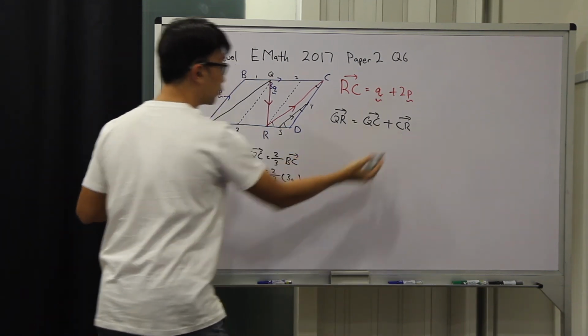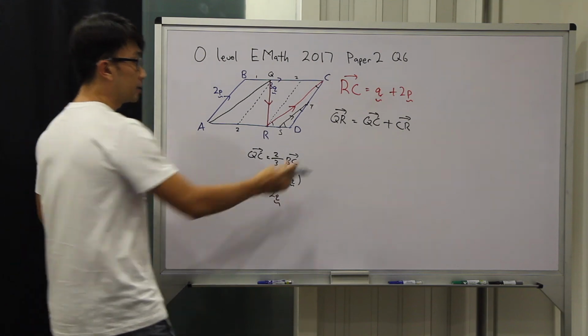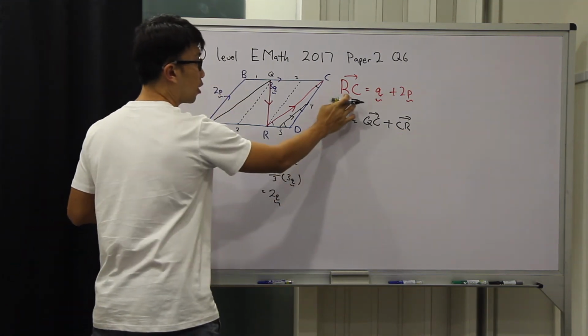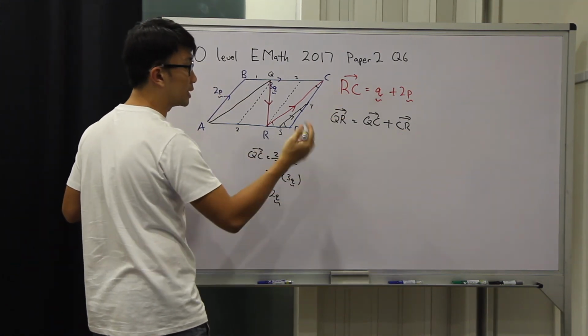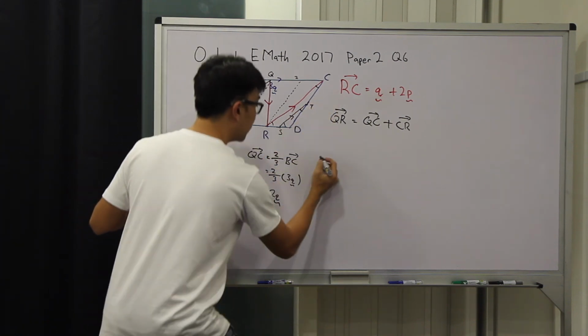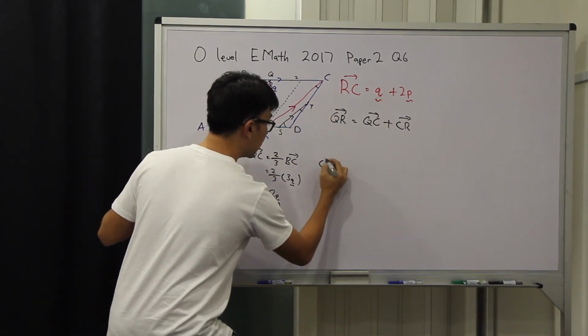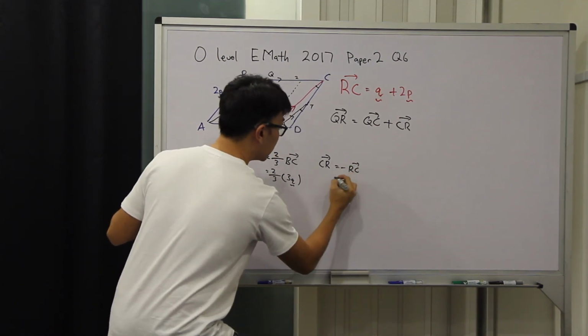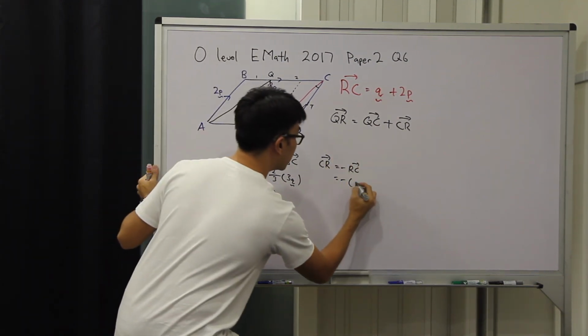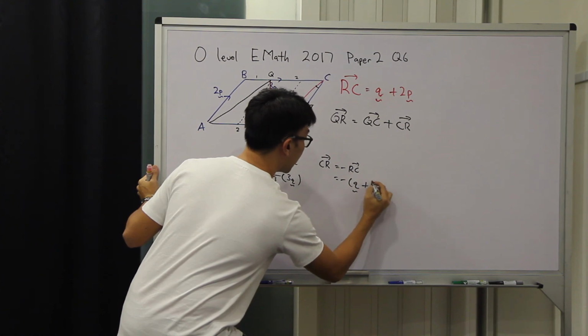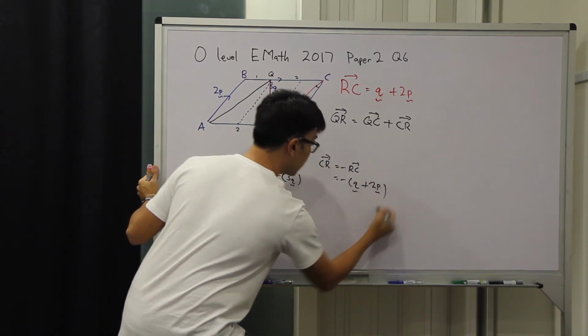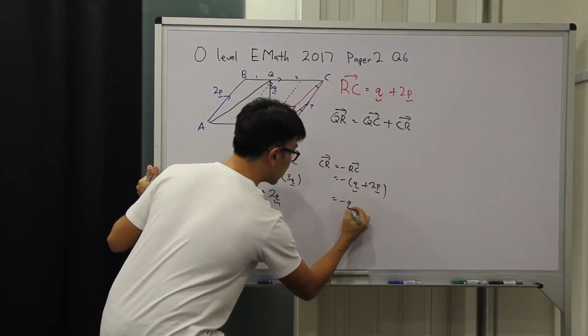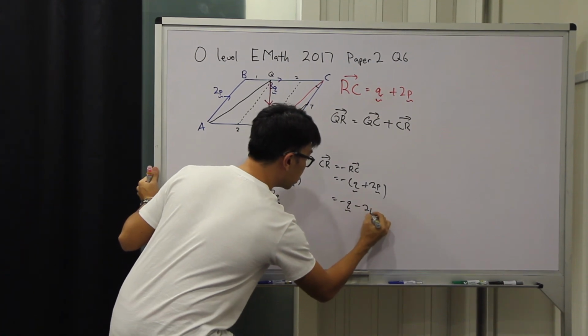Alright, next we need to find CR. CR is just the opposite of RC, so it will be the negative of RC. CR will be equal to negative RC. So we have minus (Q plus 2P). Therefore, we have minus Q minus 2P.